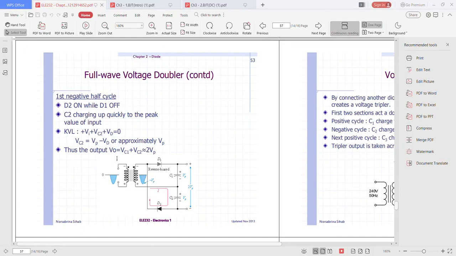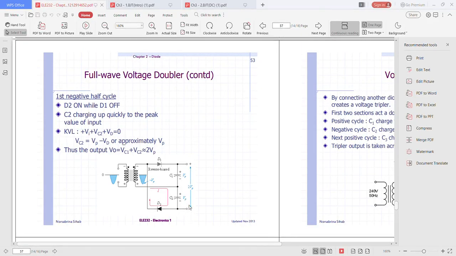Thus the output Vout equals to Vc1 plus Vc2, because from the previous cycle, positive cycle, this Vc1 is already charging up, and the value is actually Vp, and during the negative half cycle, this voltage value for Vc2 is equal to Vp.